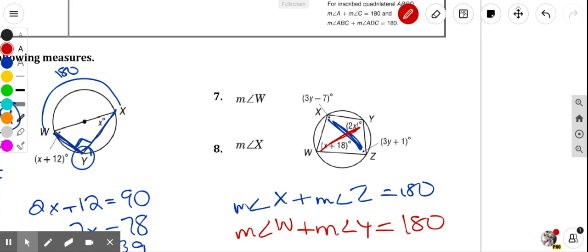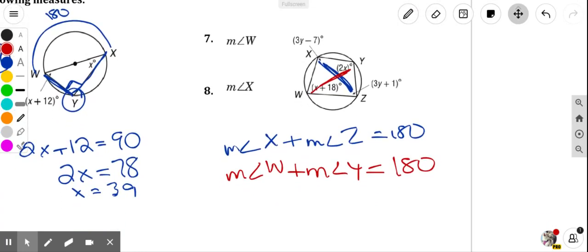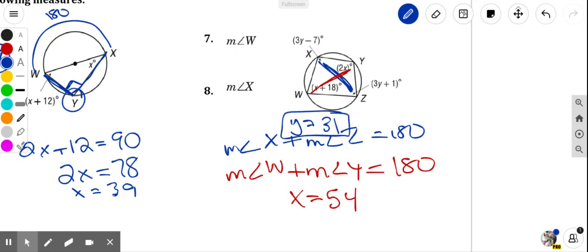You guys know how to solve equations, so I'll tell you what the two answers are. For this equation, w plus y, for that one, you end up getting x is 54. And then for the blue one, x and z, you end up getting y is 31. And then you would just plug in to find these.